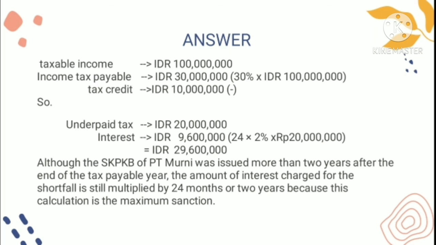Although the SKPKB of PT Murni was issued more than 2 years after the end of the tax payable year, the amount of interest charged for the shortfall is still multiplied by 24 months or 2 years, because this calculation is the maximum sanction.